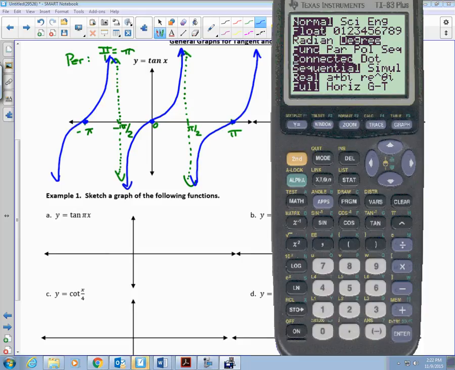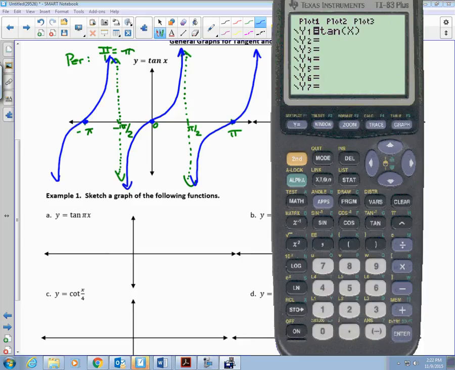And I'm actually going to plug it on my calculator so you can see a better look at it. If I go into my window and I make my x min negative 3 pi over 2, my positive, I'm going to make it positive 3 pi divided by 2.